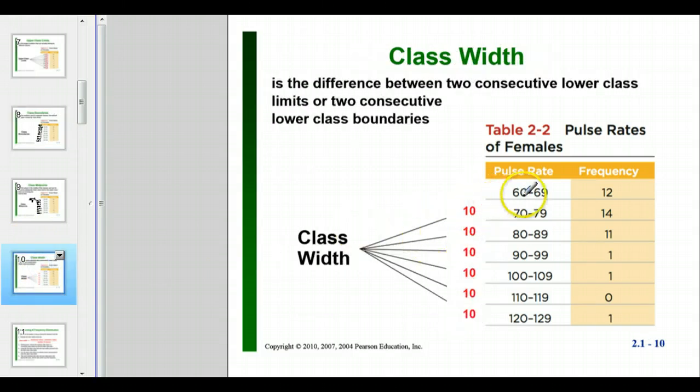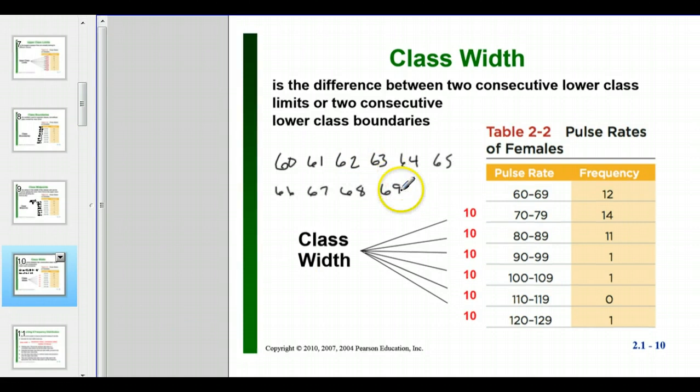Alright, another thing to do, if it's discrete data like pulse rate, is how many times you count a pulse in a minute. So it's a discrete data set because there's gaps between possible values. But another way, what you're actually doing here is how many values can we take on in each class. And if you count, I can have 60, 61, 62, 63, all the way up to 69 here.